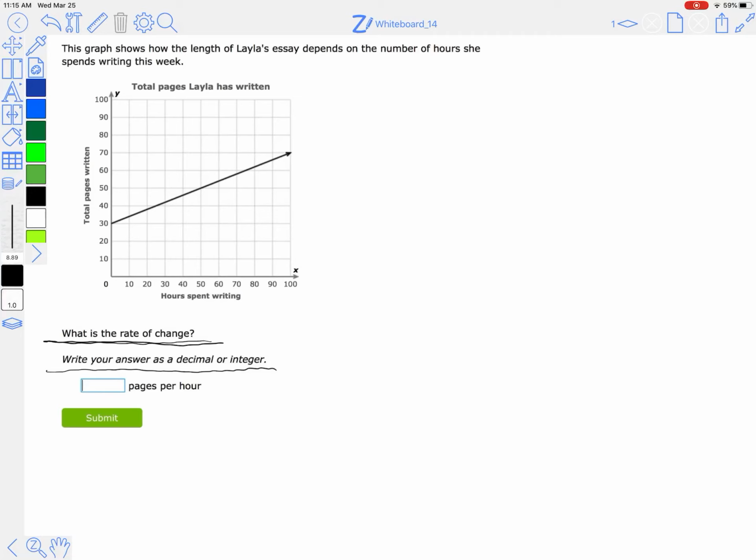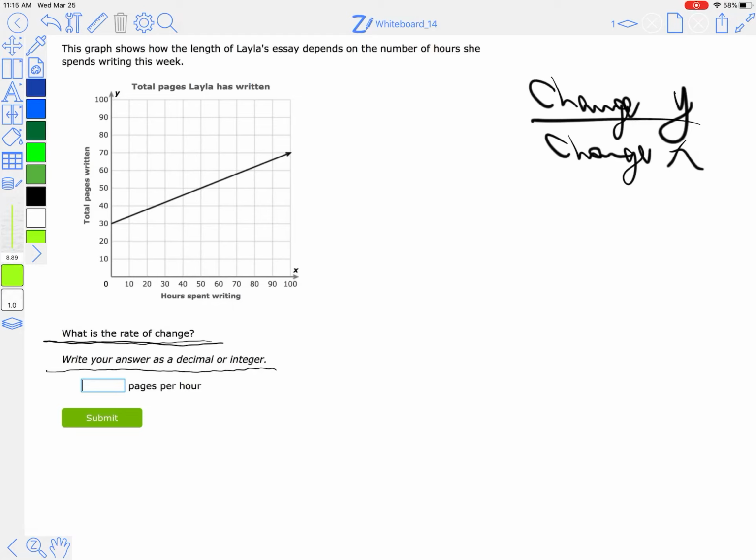Again, the rate of change is the change in y over the change in x. So again, I'm going to look for those nice points on my graph. And again, it looks like this one right here at the beginning gives me a good point. And as I keep working up the graph, the next one I see where it crosses exactly on the crosshairs is right there. So those are the 2 points I'm going to think about.